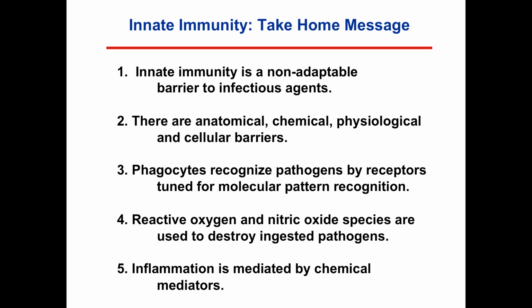Phagocytes are important because they recognize pathogens by receptors tuned for molecular pattern recognition. Noxious chemicals like reactive oxygen and nitric oxide are used to destroy and ingest pathogens. And inflammation is mediated by chemical mediators and is important for controlling, destroying, and resolving the infection, as well as for repair of the tissue.